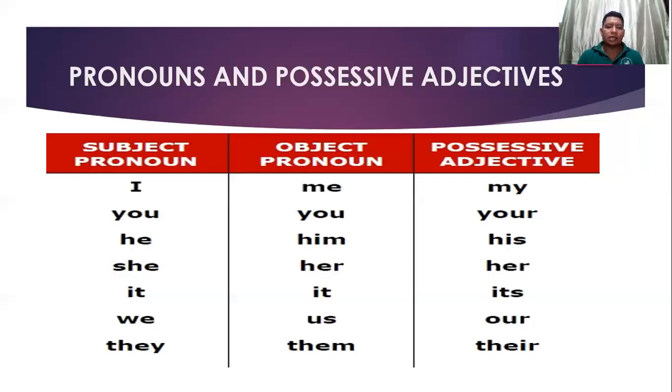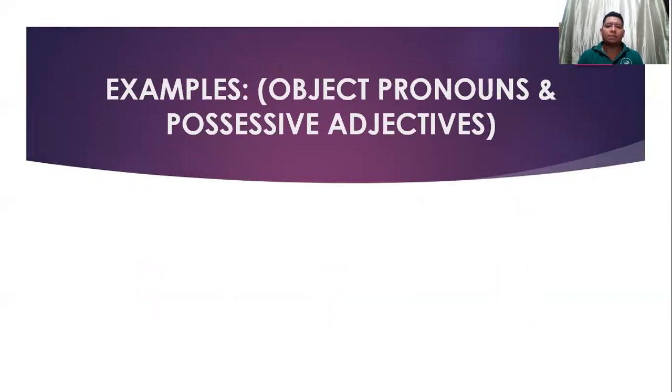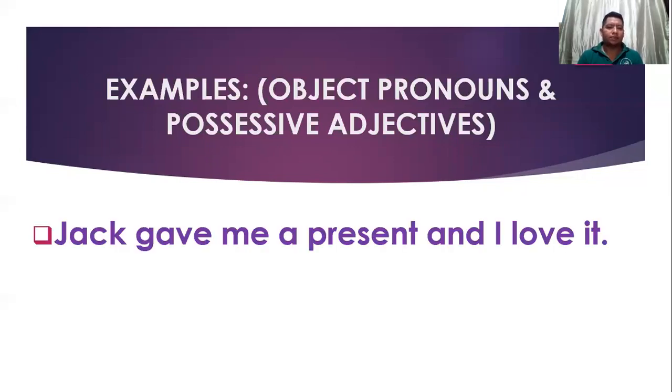Let's study some examples. Okay, we have examples, and here we're talking about object pronouns and possessive adjectives. Let's see the first one. Jack gave me a present and I love it. I have to ask a question in order to understand this sentence. Do I love Jack?